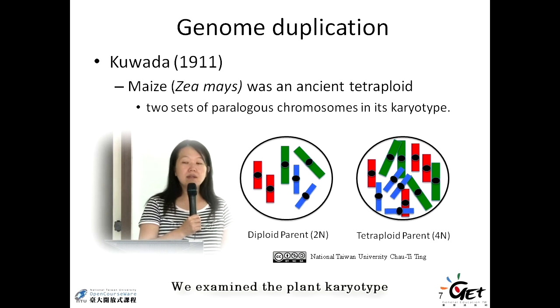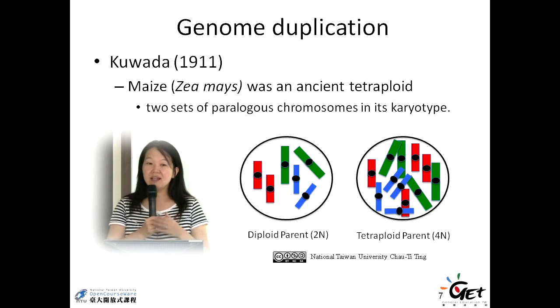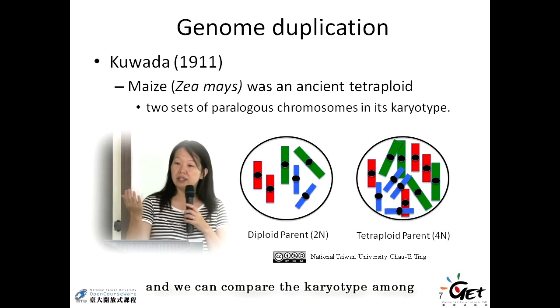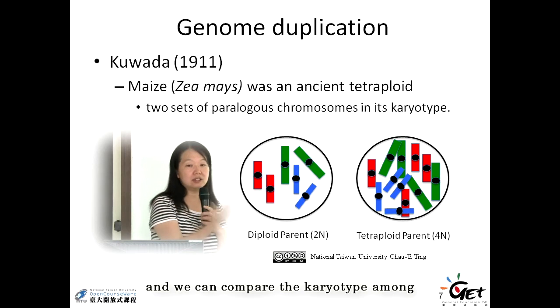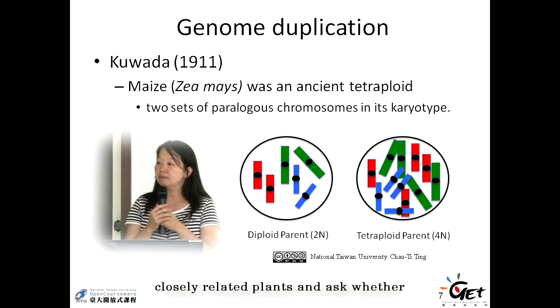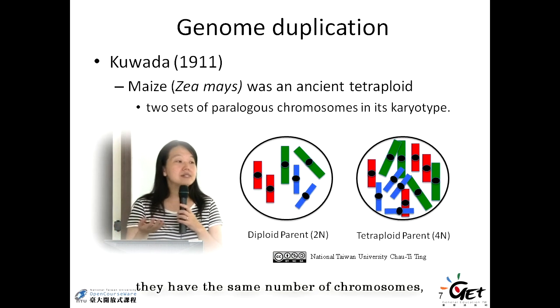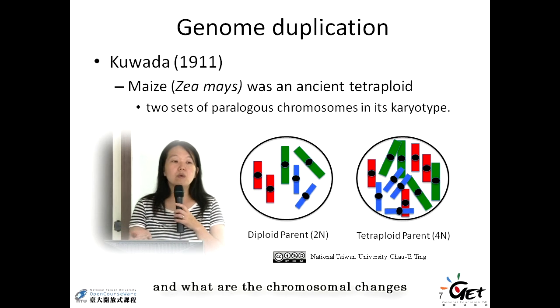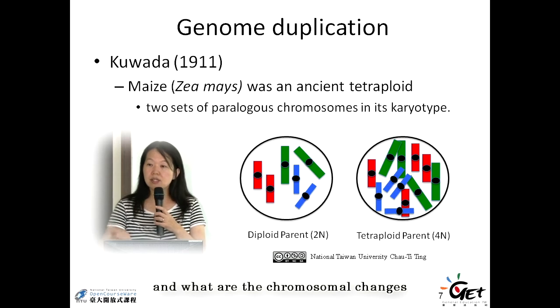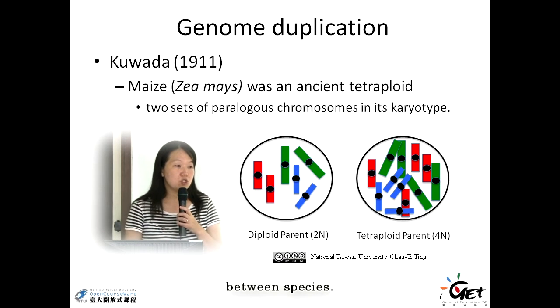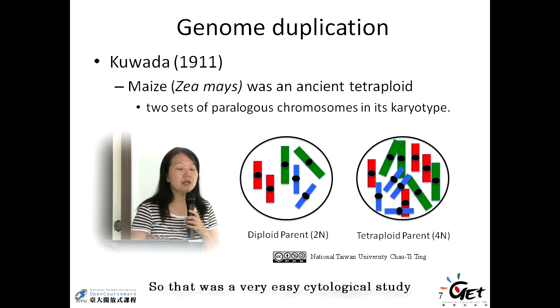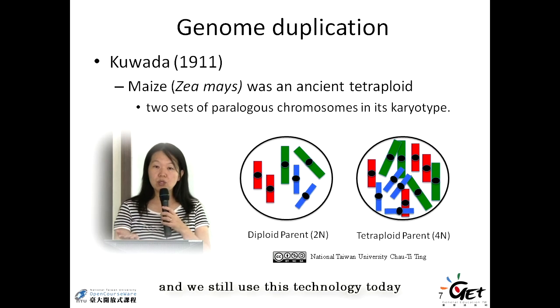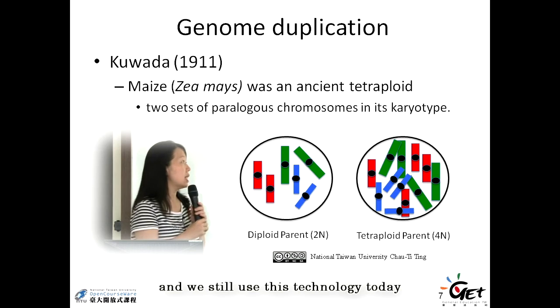We examined the karyotype of the plants, and we can compare the karyotype among closely related plants and ask whether they have the same number of chromosomes and what the chromosomal changes are among or between species. So that was a very easy cytological study, and we still use this technology today.